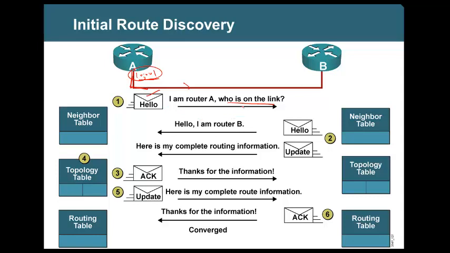And now we'll take just 2 routers like this, 10001 and 10002, and we'll see this. And now B is sending its hello along with the update. B says, hello, hola, I'm B. I'm 10002. Here is my update.